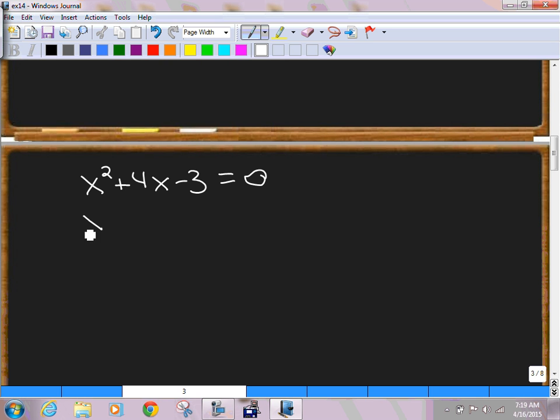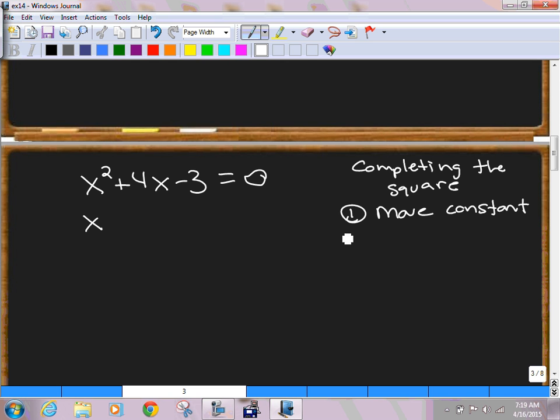So remember, completing the square. First thing you do is you move the constant over, and then you add back our square constant to both sides.